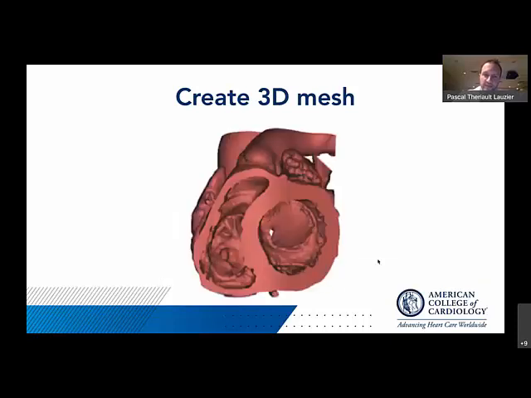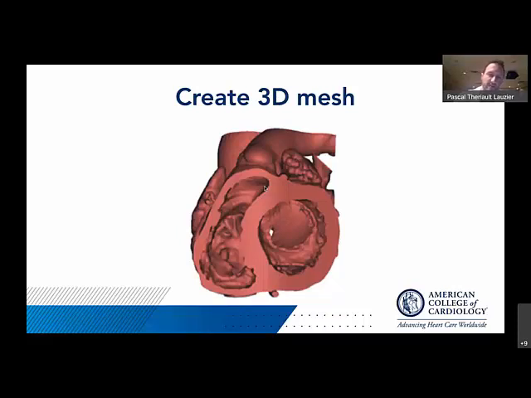This is an example of a heart model that we created a few years ago, and this is really this mesh that I was discussing earlier. Once you've created this mesh within your modeling software, what you can do is save it as a file, and then you can send it to a 3D printing facility to be printed.